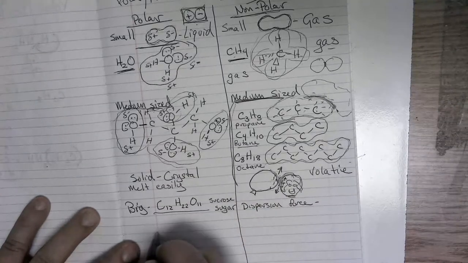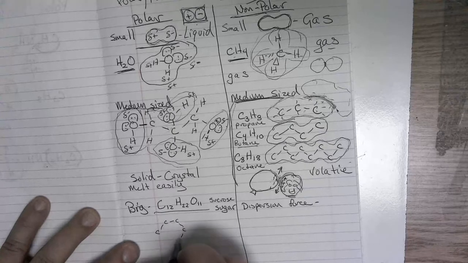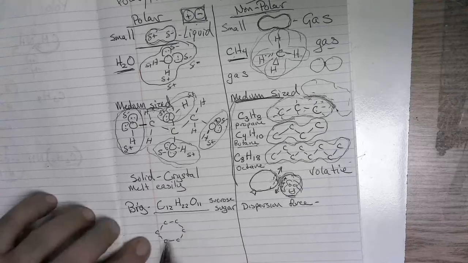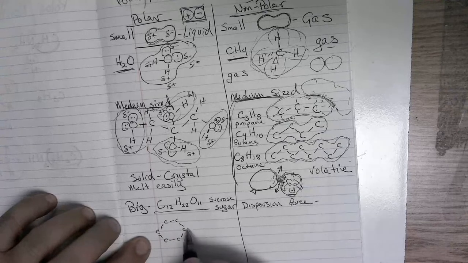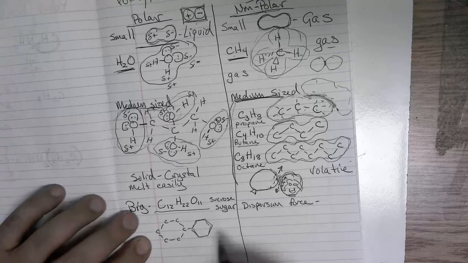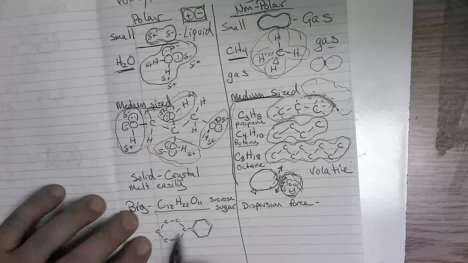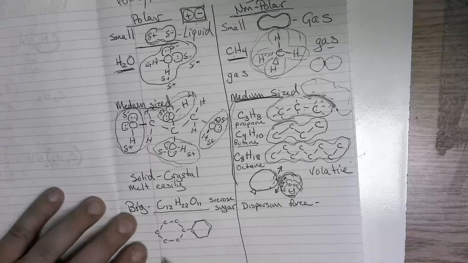If I took 12 carbons, carbon, carbon, carbon, carbon, carbon, carbon, there's 6 in a ring, and I made another ring just like it with the carbons. I'm really just shorthanding these structures because I'm drawing the parts that are most important, but anywhere there's a carbon that's missing a bond, we've got a hydrogen attached to it.